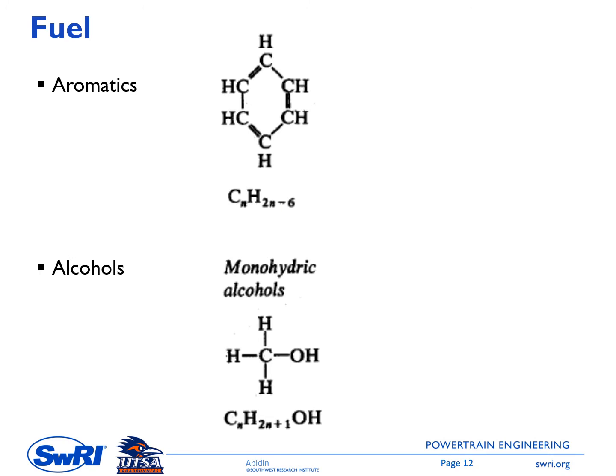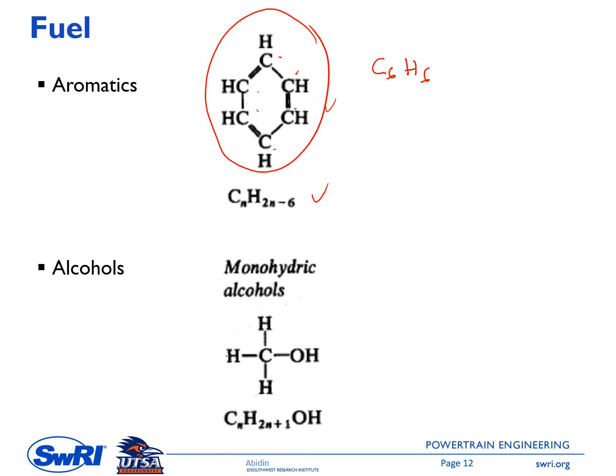The next class is called aromatics. So this is the structure of an aromatic. An example of this aromatic is benzene. So benzene, I think it's C6H6. Okay, this is 1, 2, 3, 4, 5, 6. Okay, this is a benzene.